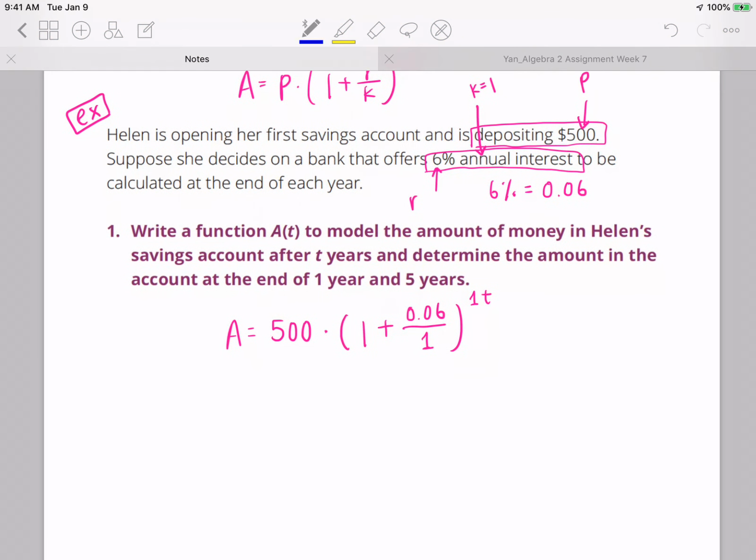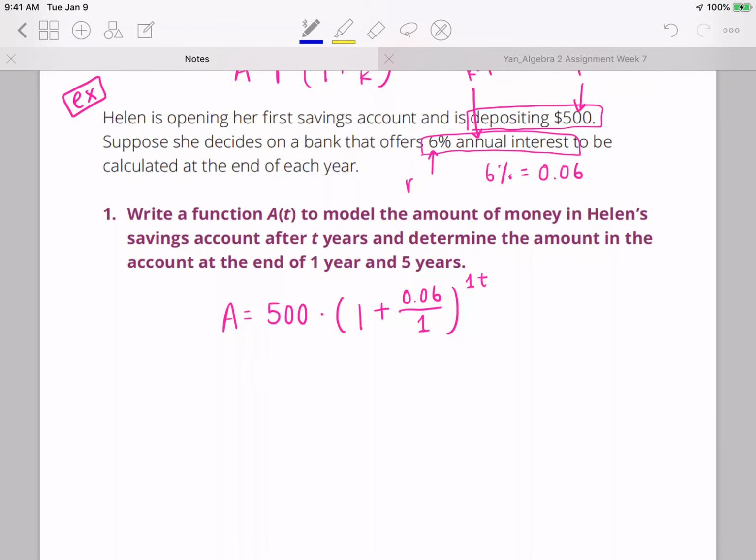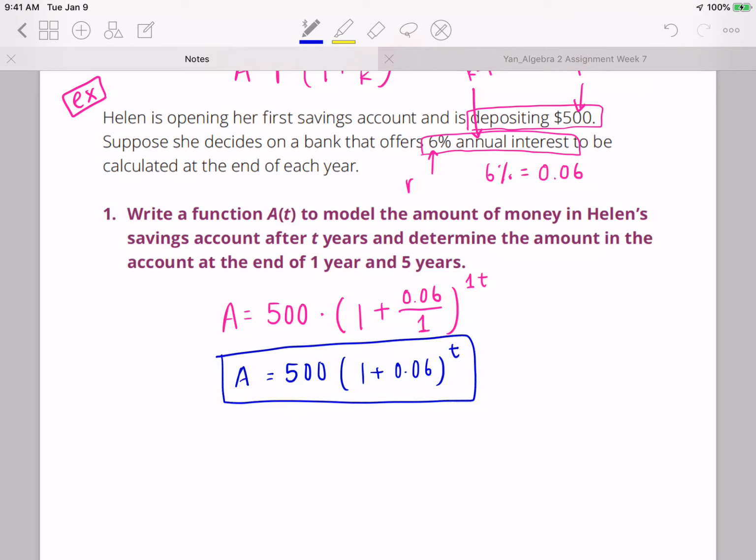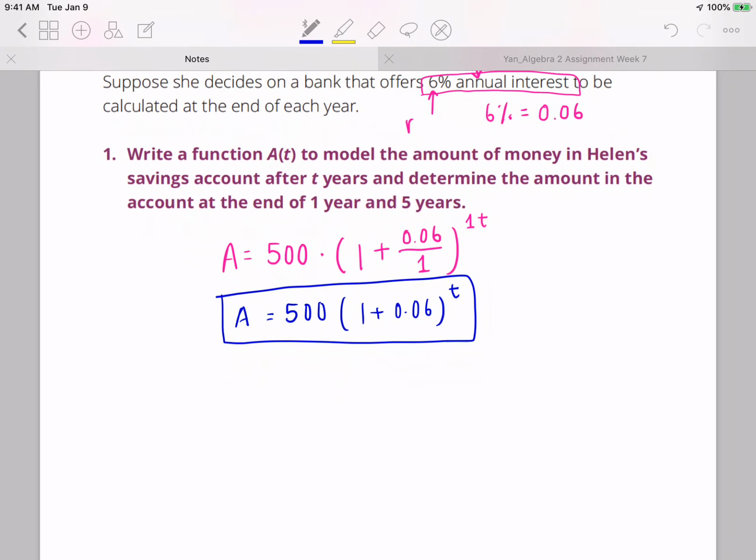Okay, so for this question, I substitute all my information: 500 times 1 plus 0.06 to the T. That's the formula. And then they said to determine the amount in the account at the end of 1 year and 5 years.